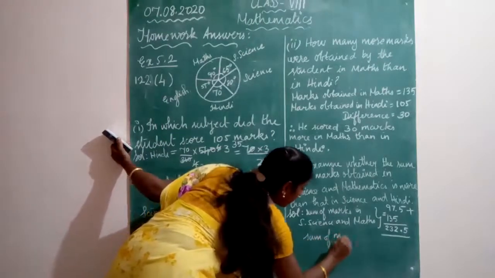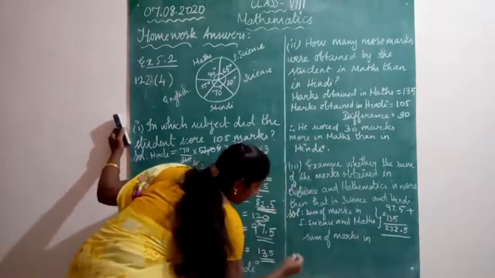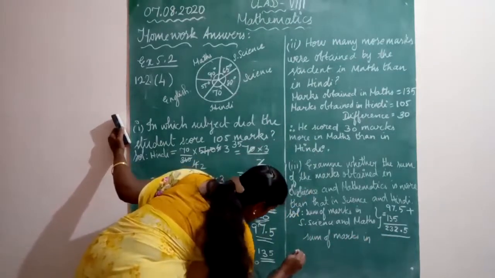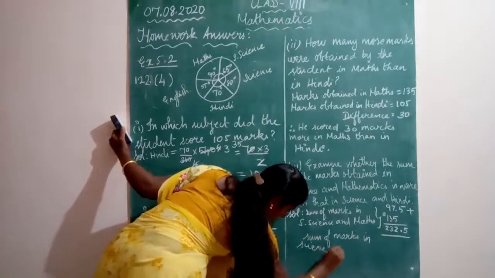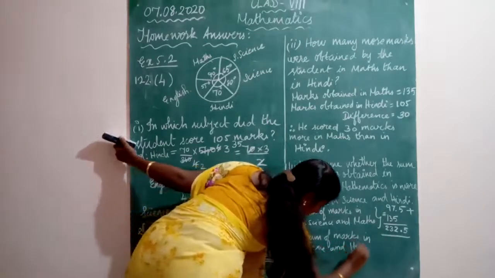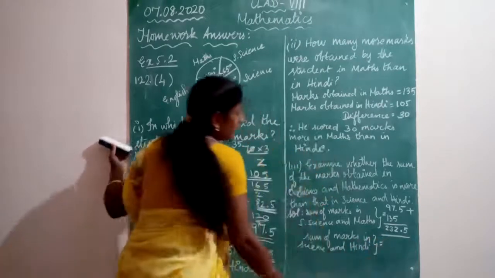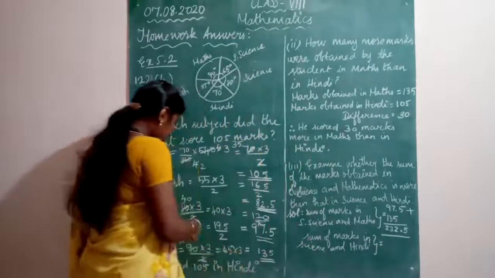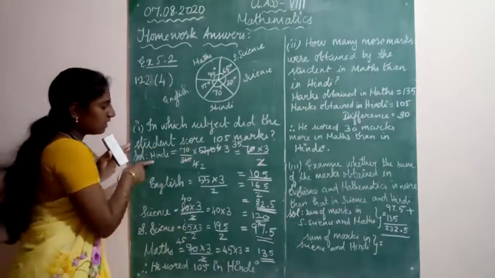Okay, and sum of marks scored in science and Hindi. Okay, so that is, what is the marks scored in science? It is 120 and in Hindi it is 105.